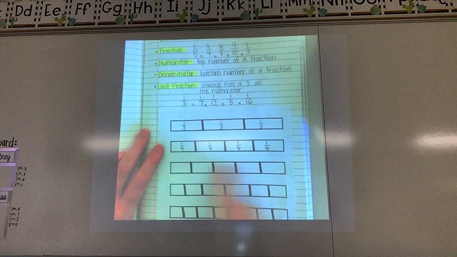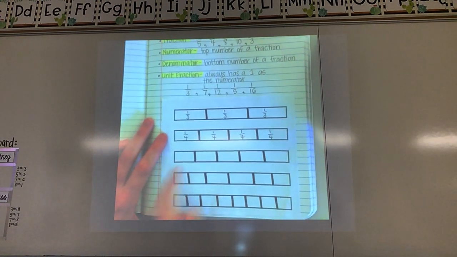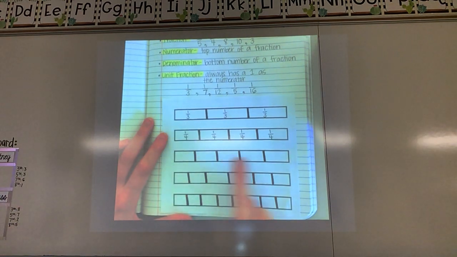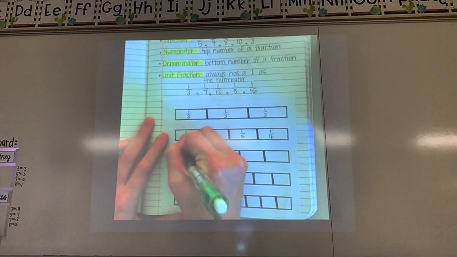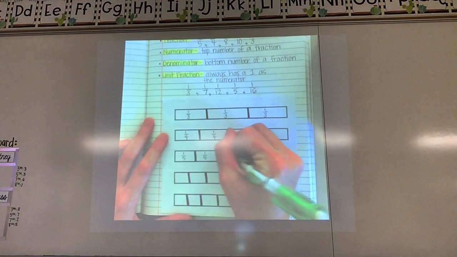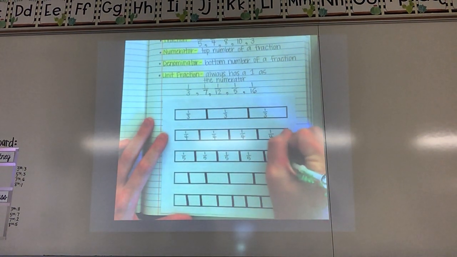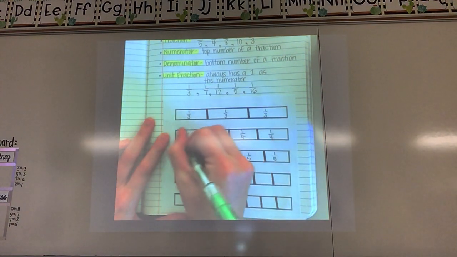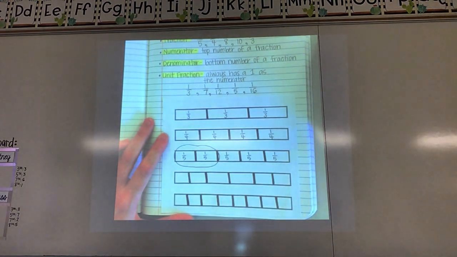We can also do addition and subtraction problems with these, so let's try that on the next one. First, we need to label our pieces. Hopefully you are counting to figure out what our denominator is going to be. This one is 1/5 because there are 5 pieces. I'm going to circle these first couple. And I want to know how much is in my circle.